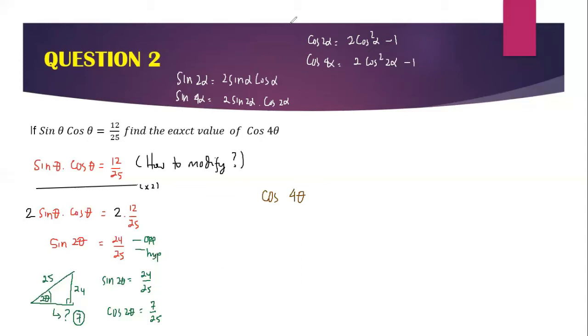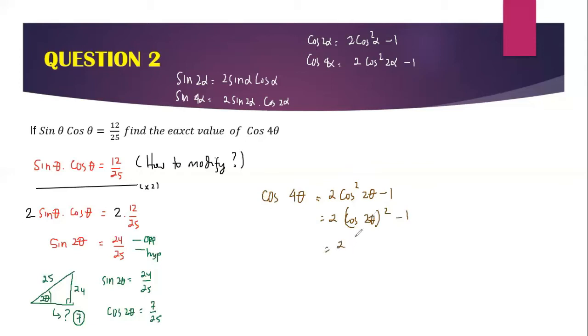Yes, sir. Okay, that's very easy. Now we go to the question. So how about this one? 2 cosine square 2 alpha, sorry, 2 theta, minus 1, right? That means 2 cosine 2 theta square minus 1. This is the formula, right?